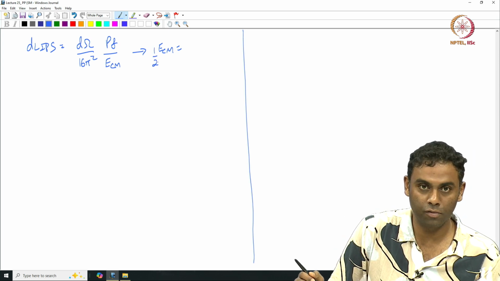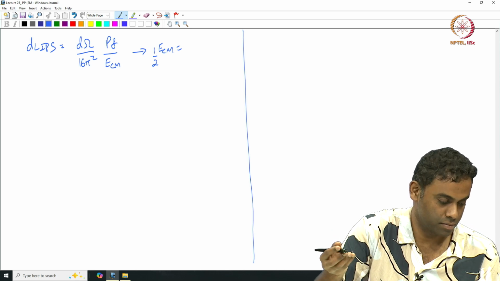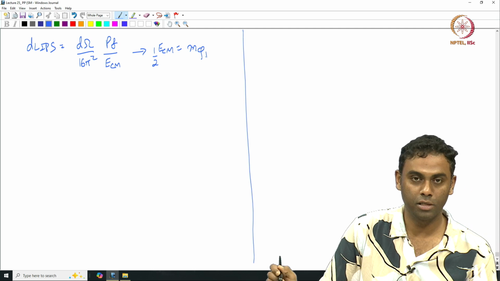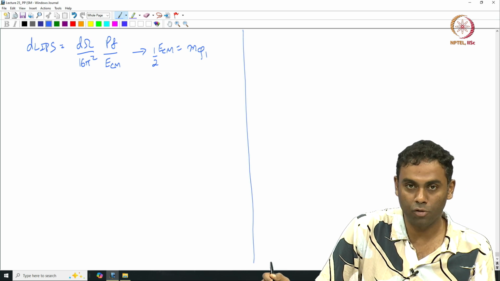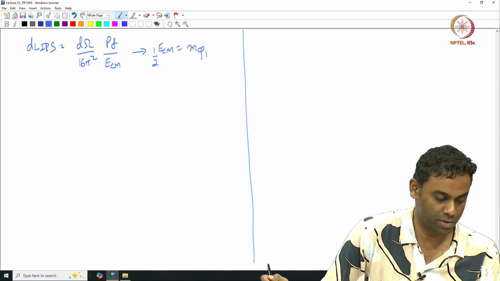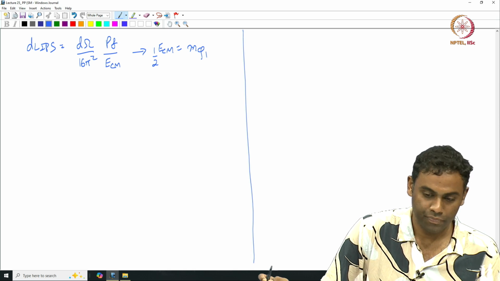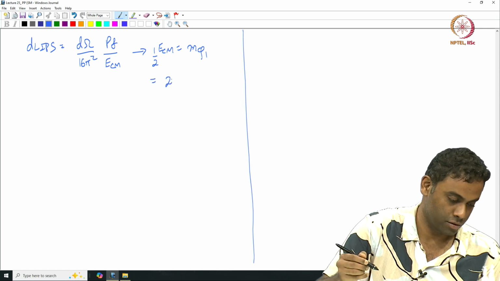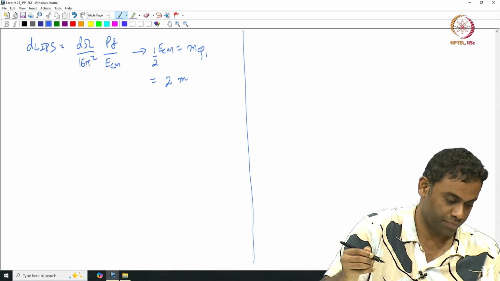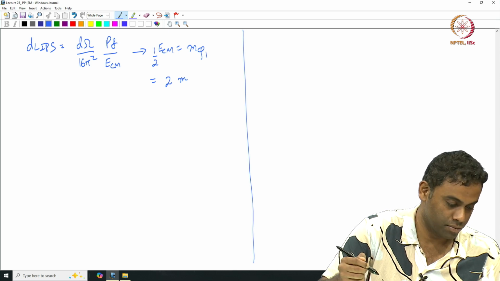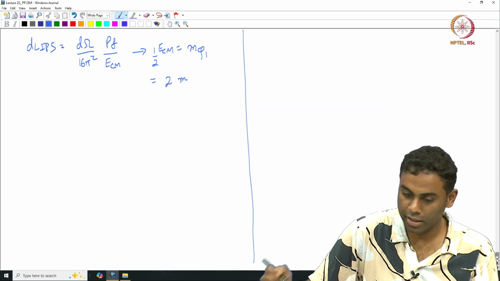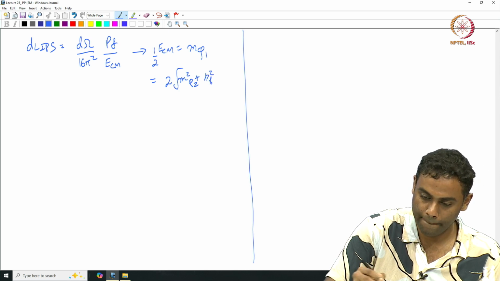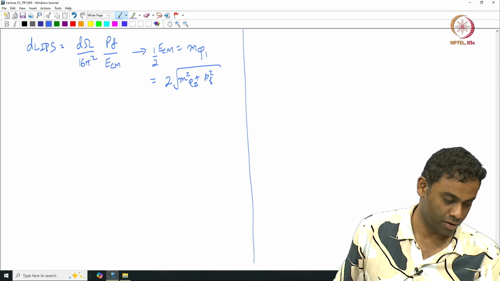It is the center of momentum energy of the final state particles if you want. So m phi 1 is what ECM is, up to a factor of 2. Half of ECM is m phi 1, and through energy conservation this is nothing but 2 times the square root of m phi 2 squared plus Pf squared.